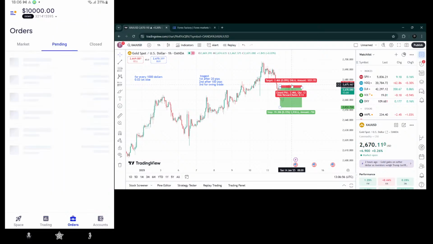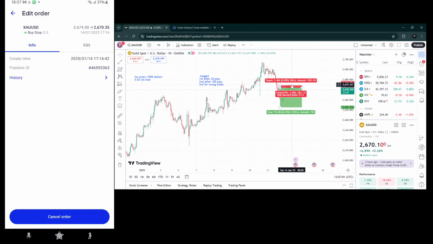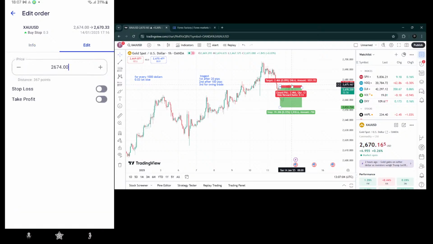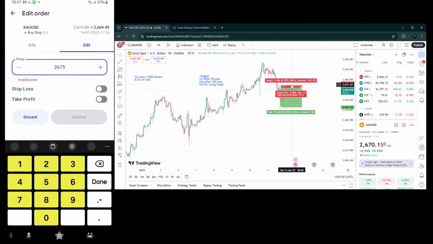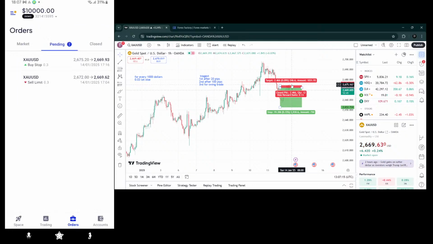I will only change one thing: buy limit, 70.20, confirm. Because you see these wicks, my kid can come here and reject from anywhere here and go down. And if it goes up, it can go up to 88 or 80, then go down.